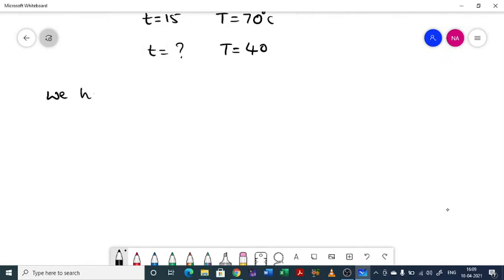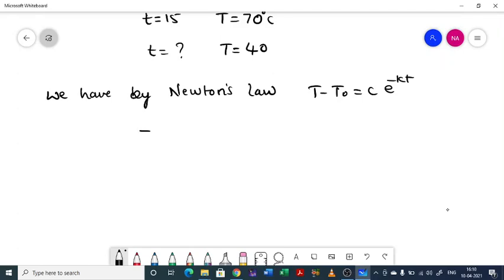By Newton's law, T minus T naught equals C into e power minus kt. So at t equal to 0, capital T is 100 minus T naught 30 equals C into e power 0.